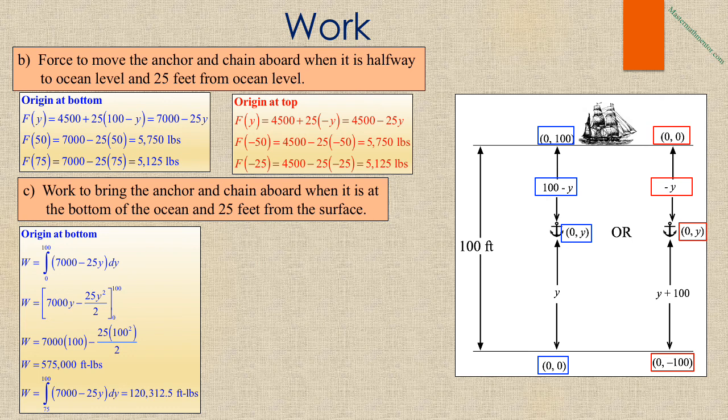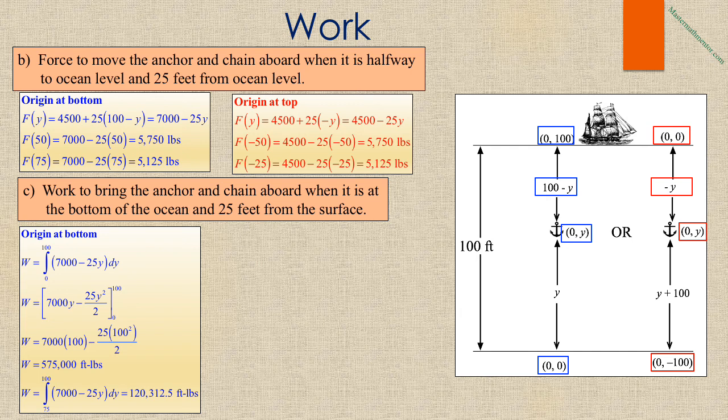We do the integration, getting 7,000y minus 25y squared over 2, evaluated from 0 to 100. And when we do the math, we get 575,000 foot-pounds.